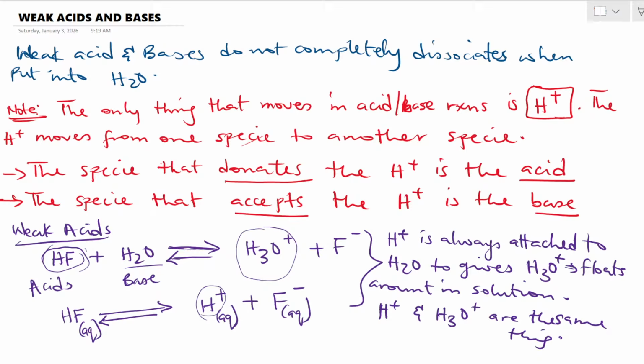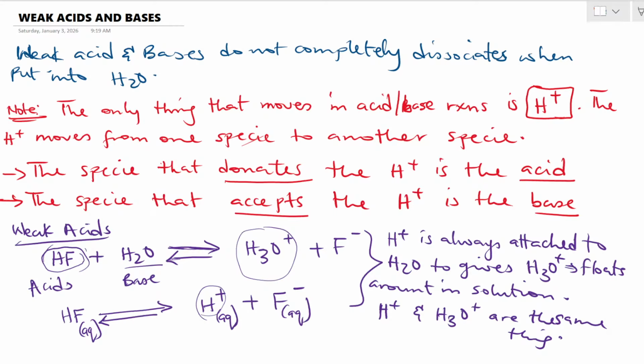Okay, so weak acids, like we said, and even bases, do not completely dissociate in water. Again, it is worthy to note, with weak acid and base reactions, the only thing that moves around in solution is what? The proton, which is your H plus.